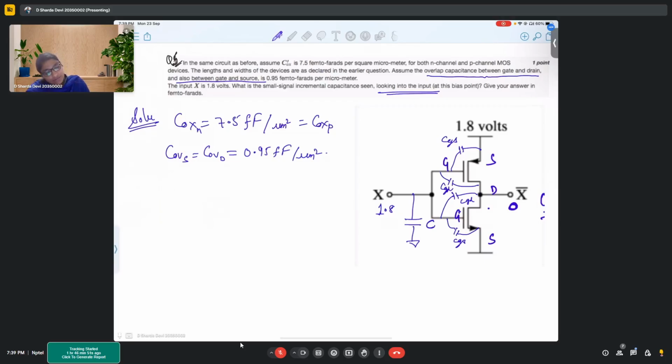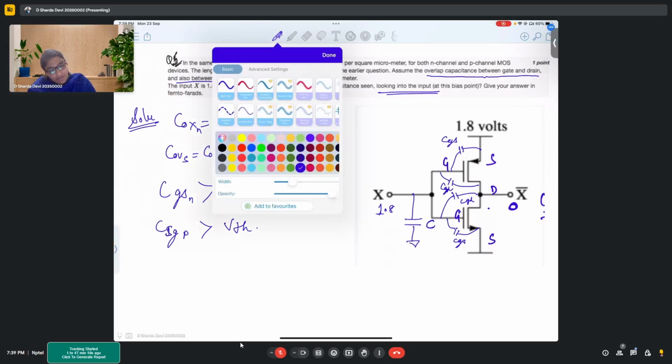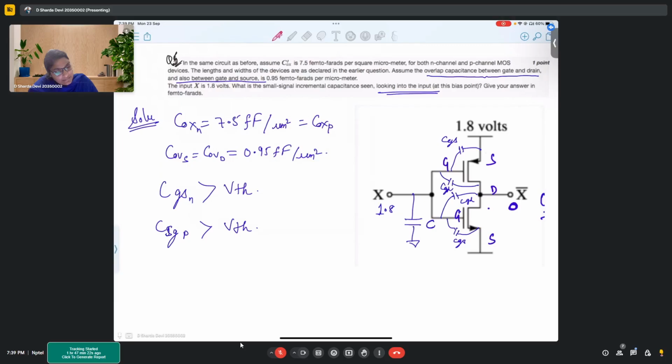Now, if you observe something very carefully in a transistor, always your VGS should be greater than VTH to turn it on. But in this transistor, if you observe, this is source, gate, drain, source, gate.